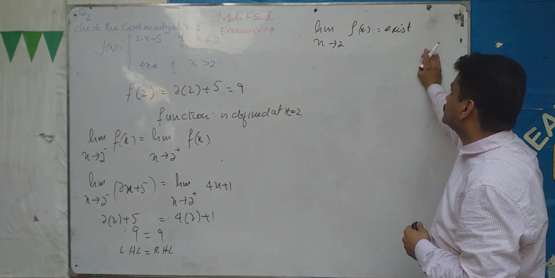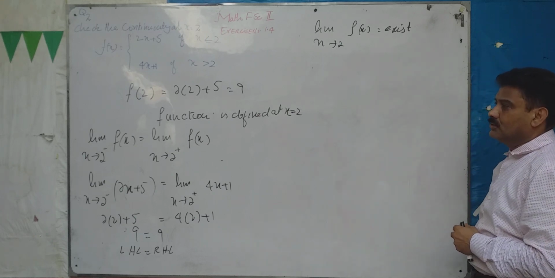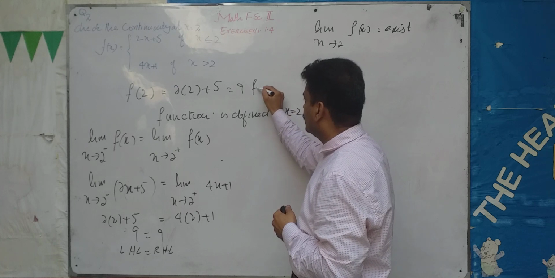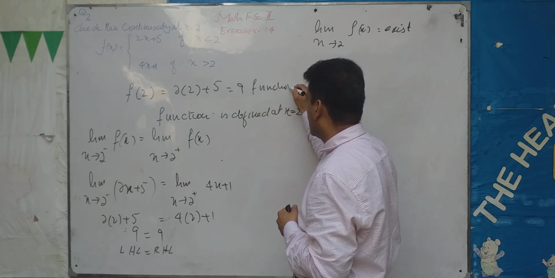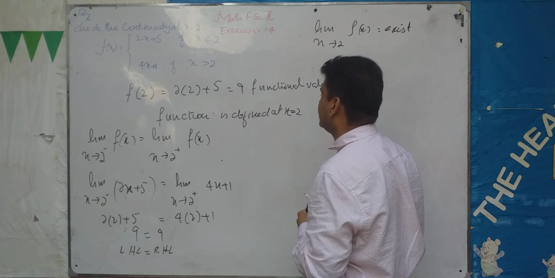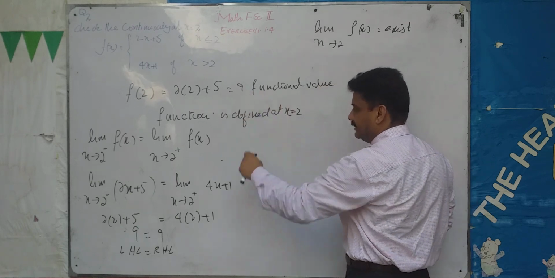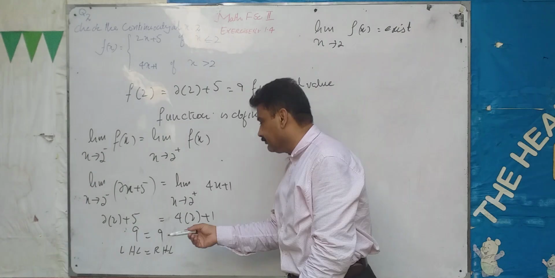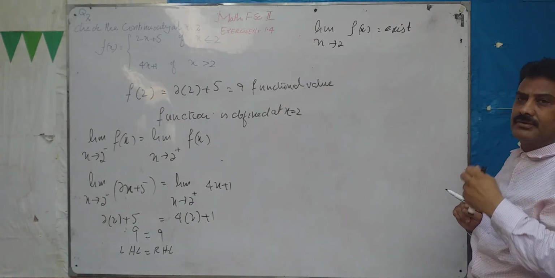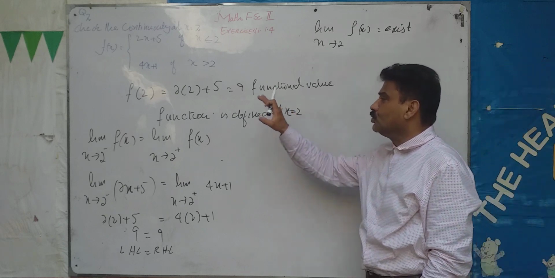The limit of the function exists. The function value is also 9 and the limiting value is also 9. We can say that the function is continuous when x approaches 2.